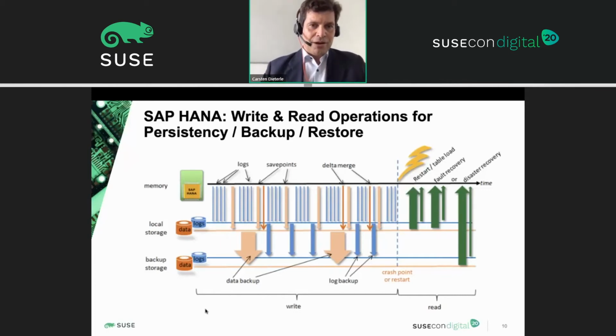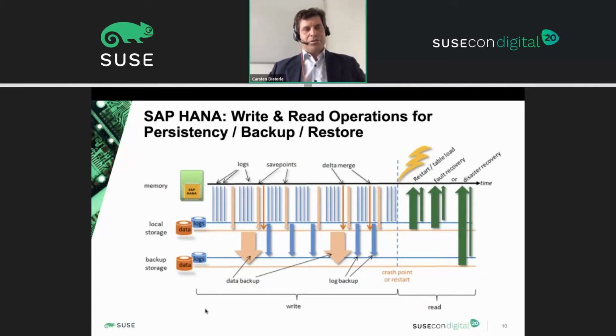When we have save points, that's a bigger amount of data, but we need a big throughput in that case when we save the save points. Or think about when you save your data from local storage to the backup storage. You can do it in a SAN attached environment, but when you do it in a network attached environment, you need a high bandwidth as well for that. When you think about that you have patched or you had a problem, you have to restart.